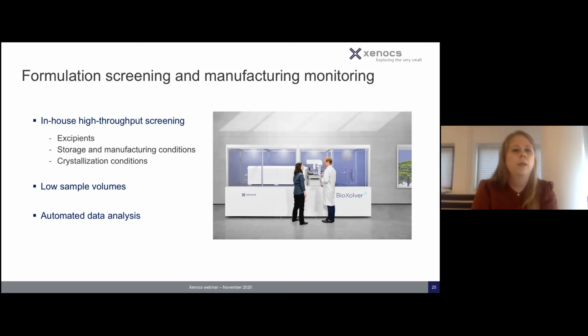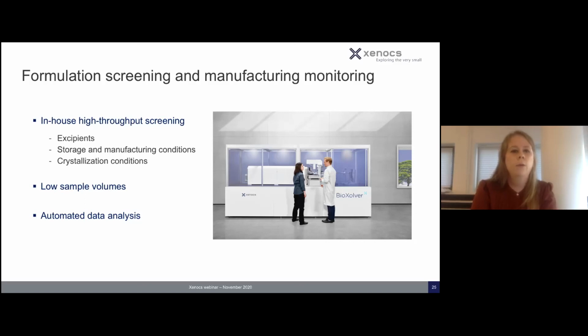So in this type of settings, it's important that measurements can be done in-house so that you don't need to schedule, for example, and that they can be done in high throughput, because as you've seen before, if you're going to screen excipients or, for example, storage and manufacturing conditions, you're quickly going to end up with high amounts of samples.